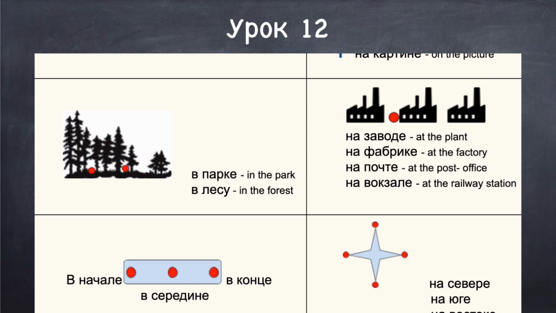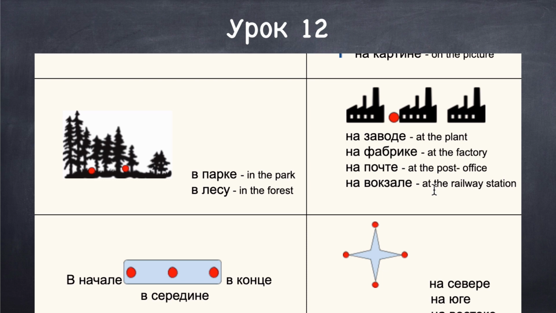Now, if you visualize again, when you are located at the plant, it's usually a big collection or a set of buildings there, and you're not exactly in one of the buildings. You could be located anywhere within the boundaries of that plant or factory. It's a large place, sometimes without borders or with few borders. But the last two are usually listed as an exception, and actually all of these are in the study books.